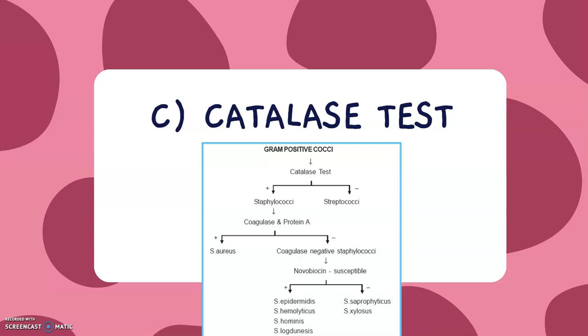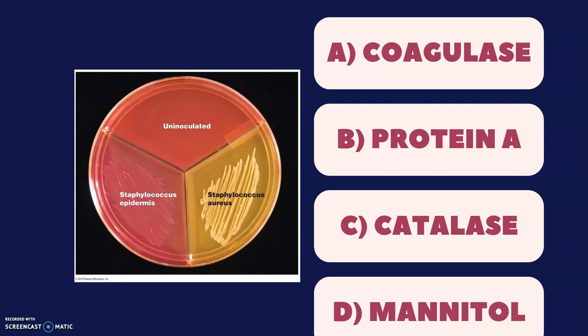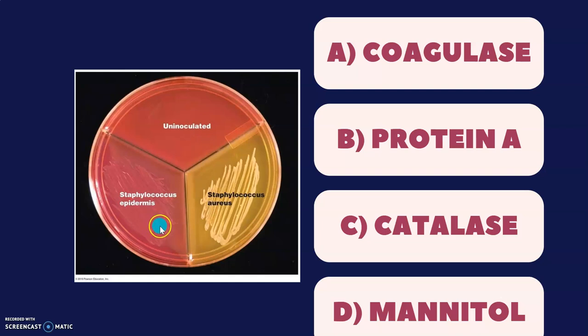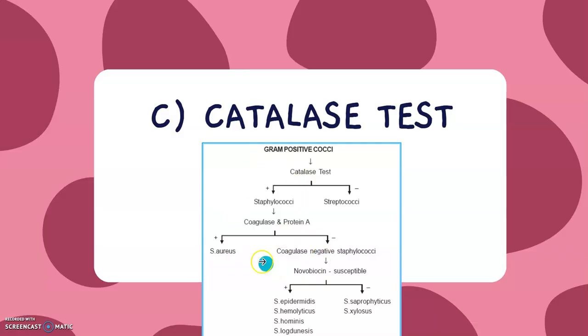It can be differentiated by all other tests like coagulase test, protein A test, and mannitol test. Because in mannitol test, Staphylococcus epidermidis, which is a coagulase negative Staphylococcus, appears pink colored, and Staphylococcus aureus appears yellow colored. And coagulase and protein A tests are used for differentiation of Staphylococcus aureus and coagulase negative Staphylococci. In Staphylococcus aureus, coagulase test as well as protein A test are positive, whereas they are negative in coagulase negative staphylococci.